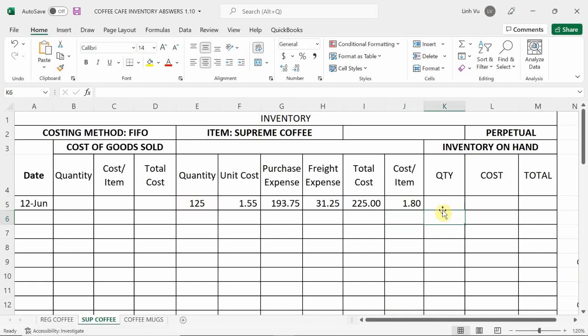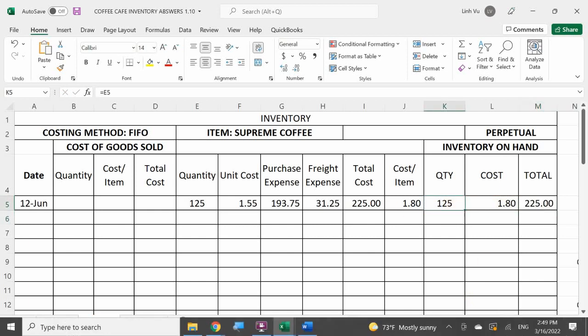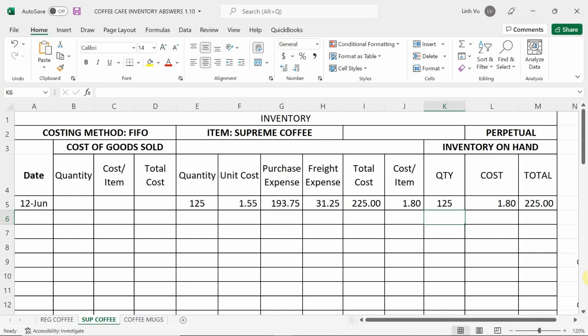Good. So I'm going to carry it into my inventory on hand, making sure I keep my batches of inventory separate. However you want to calculate it, I like to keep the formula in my total cost. So every time I update my inventory, let's say I have 100 pounds left, it will automatically calculate it for me. In this case, I have 125 pounds at $1.80, giving me a total of $225, which matches my ledger.